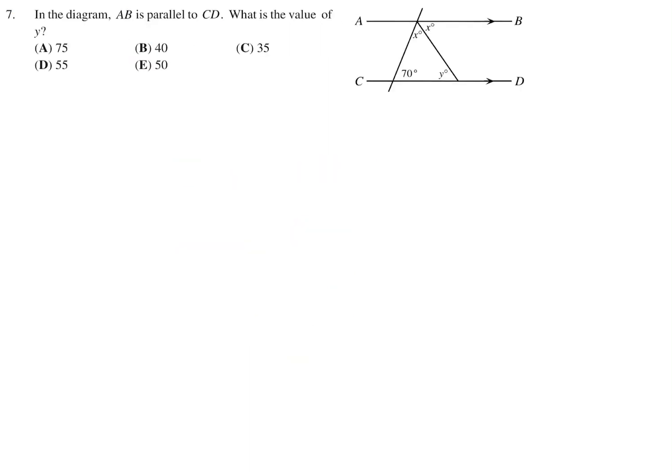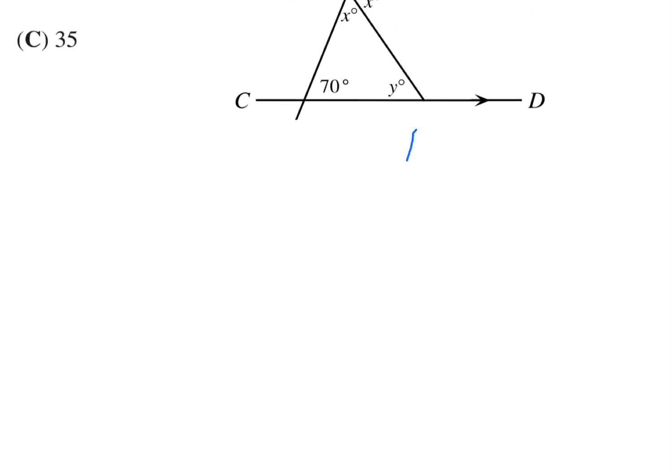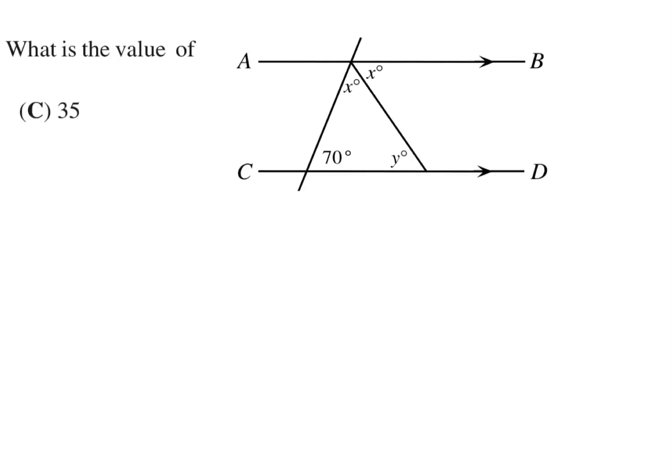In the diagram, AB is parallel to CD. What is the value of y? All right. So enlarge this a bit. This is parallel, and they've shown you that with these arrows. So since this is 70 degrees, this angle here is also 70 degrees. That's one of the properties when you have parallel lines. So the good news is that if you have a line and you have all the angles like that, the sum of those angles is 180.